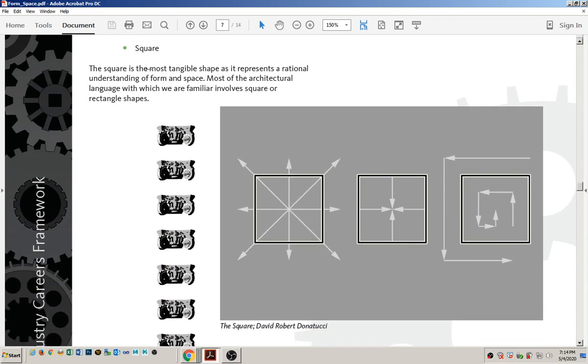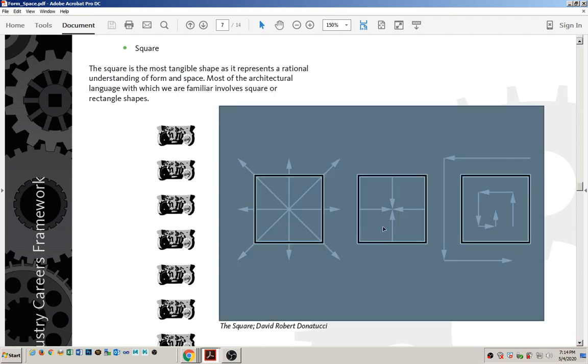Next we have the square. And I don't like the definition he gives here. He calls it the rational understanding of form and space. Squares are most commonly associated with equality or fairness. Think of somebody saying that was a square deal. It means it was a fair deal.